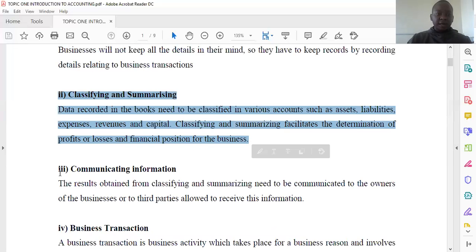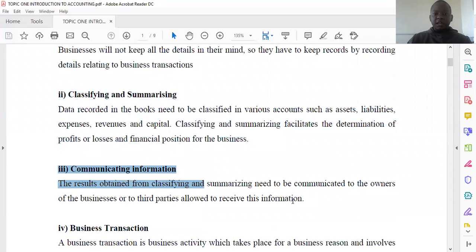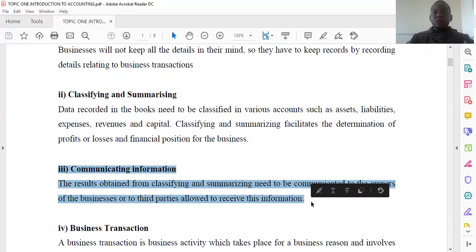The other key element is communicating information. So the reports derived from classifying and summarizing business transactions are communicated to the various interested persons, the stakeholders of the business, or in this case, we refer to them as the users of financial information.